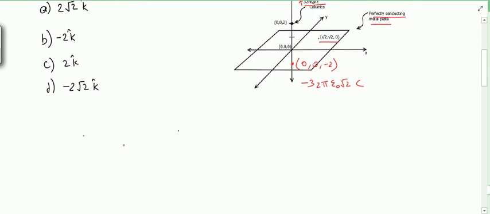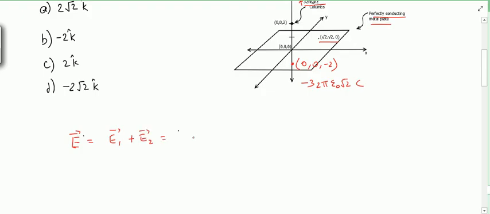Now these are basically point charges, so the electric field will be the sum of the electric fields due to the individual charges. Let E be the net electric field, the sum of the two point charge electric fields, E1 and E2.